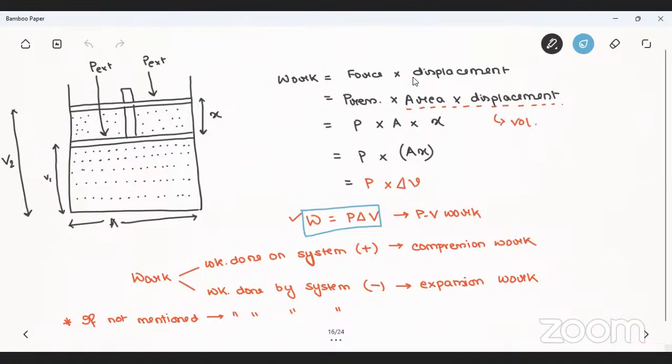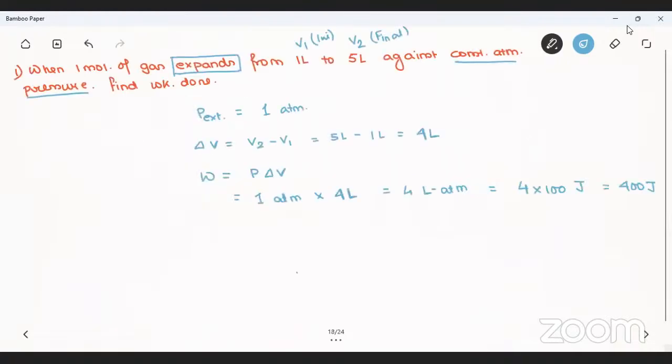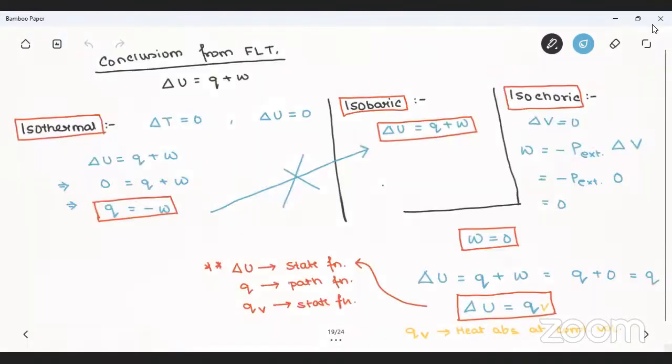Tomorrow's class, we will see this also. Then we have done the units. We know what to convert to what, and what to use. Now, we have solved one numerical, and the rest of the numericals we will solve tomorrow. Then we have made conclusions about the first law of thermodynamics for each process: isothermal, isobaric, isochoric, and so on.